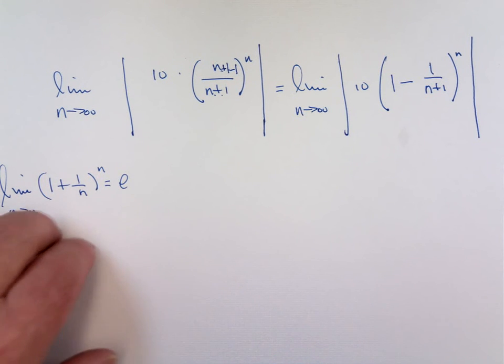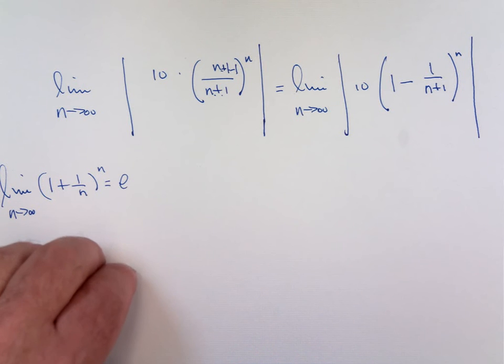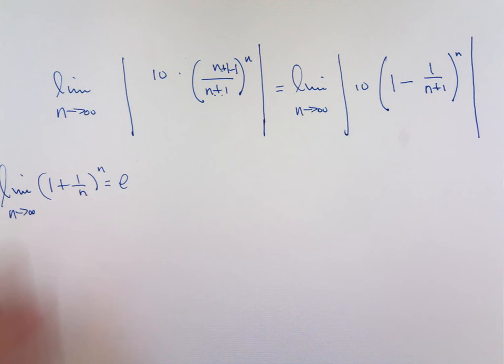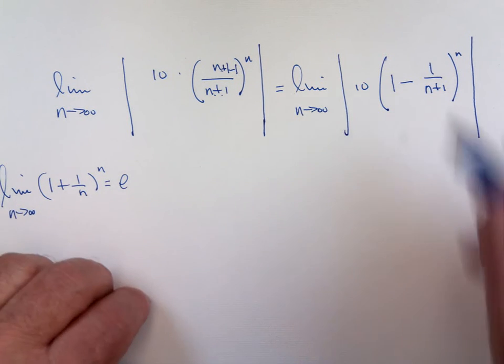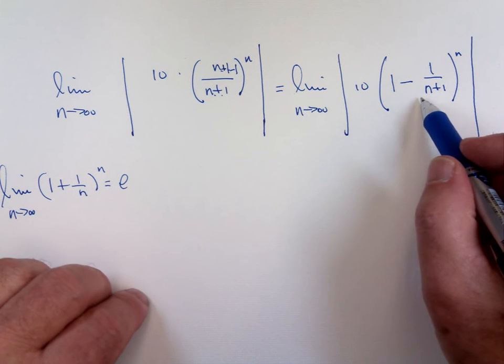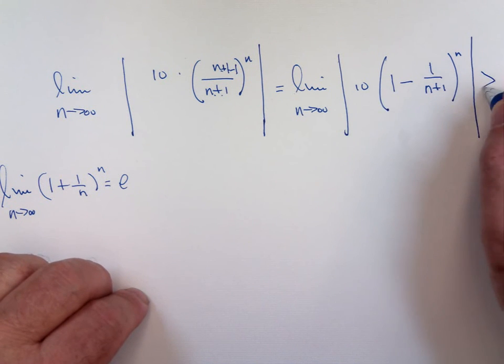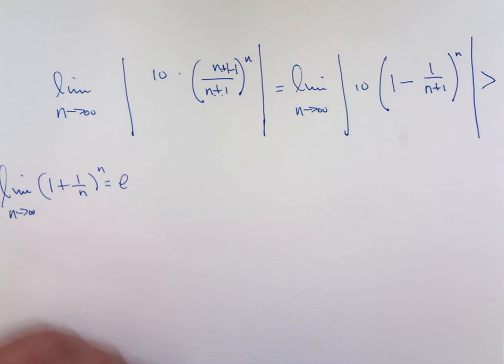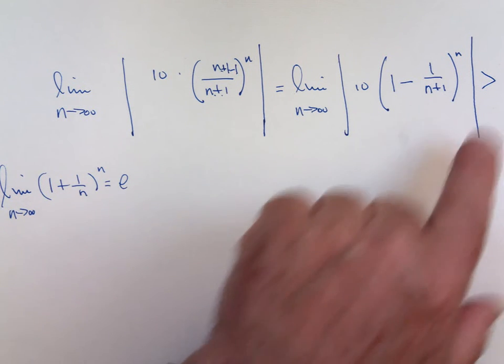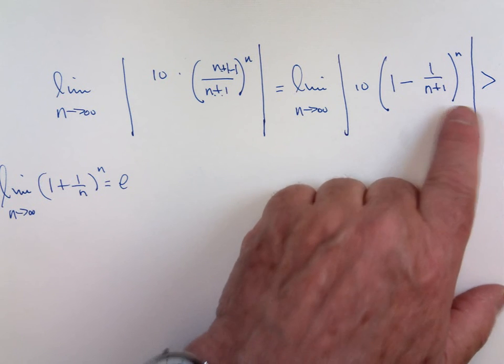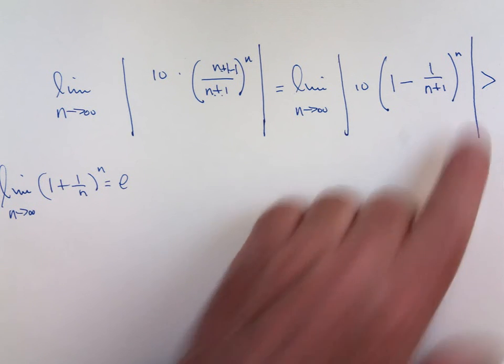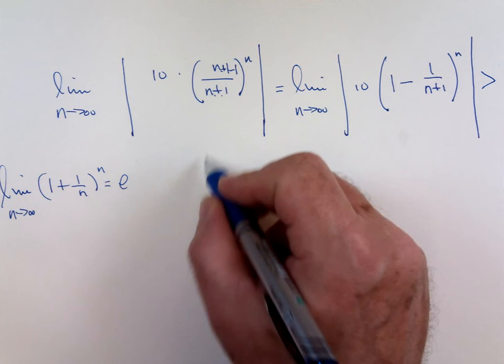This limit comes out to e times 10. The fact of the matter is it's greater than 1. That's all we really need to know, that 10 times that is greater than 1. And that means the series diverges. So here's the deal.